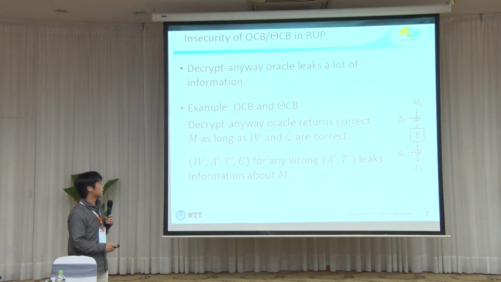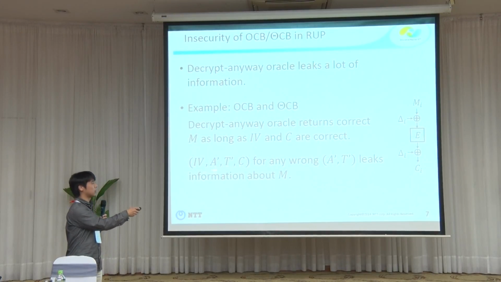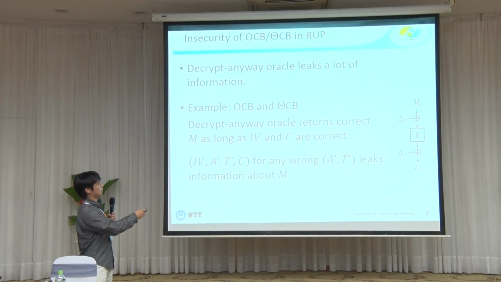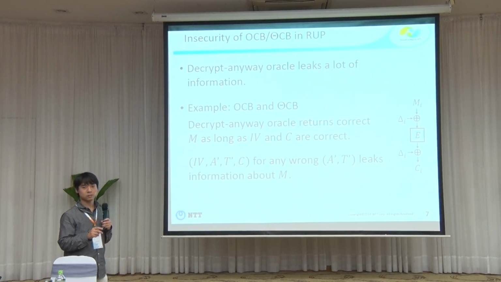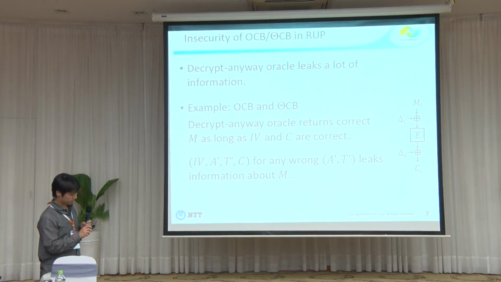Suppose the adversary randomly chooses those values, with the correct IV and C, and asks them to the decrypt-anyway oracle. Then it anyway leaks the correct M, even if those are wrong and so verification eventually fails. So this is a problem of OCB and similar schemes.